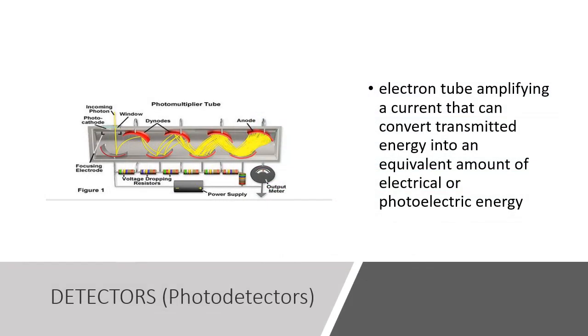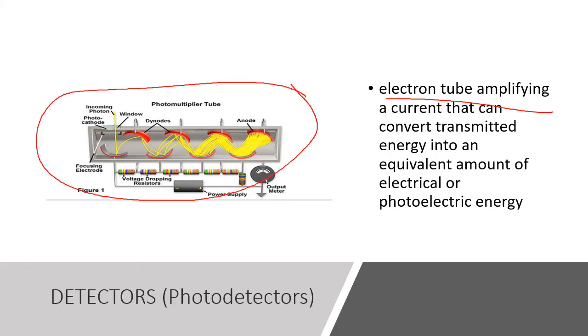Next, we have our photodetectors. Si photodetectors natin, this is an electron tube amplifying a current that can convert transmitted energy into an equivalent amount of electrical or photoelectric energy. So, anong nakikita nyo kaya dito, class? What do you think is happening in the picture?